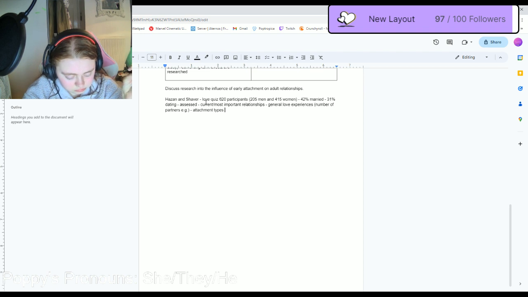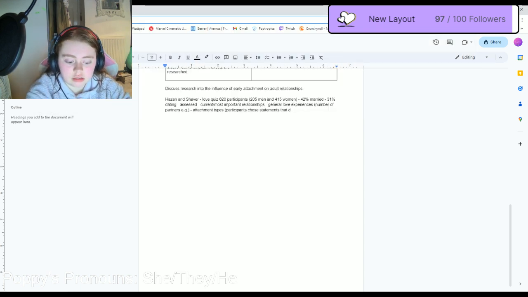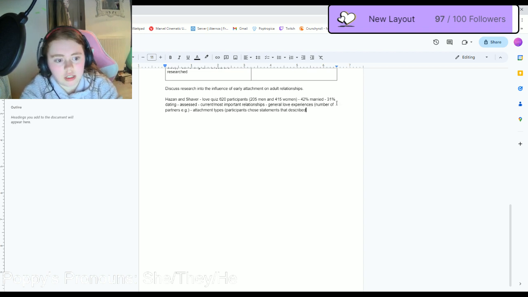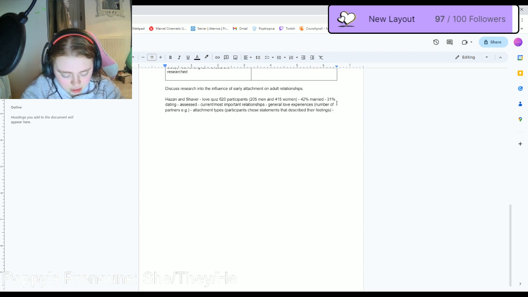They assessed this by getting participants to choose statements that describe their feelings. That's basically it for the main procedure.